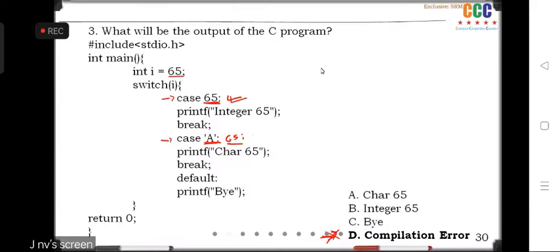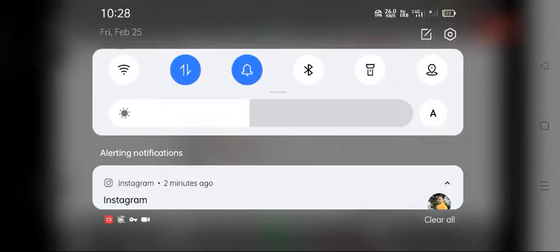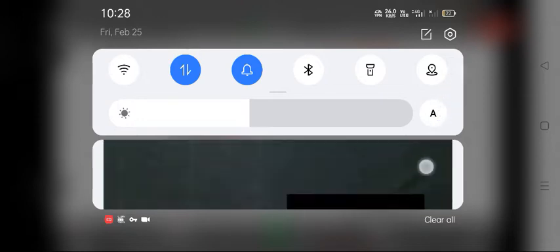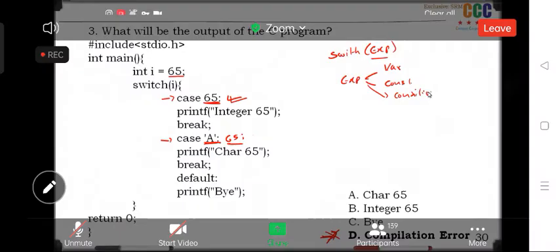No, case constants. Okay, in that case, let us go with switch. A switch expression, I can say this as expression. Whenever I say expression, it can be a variable, or it can be a directly constant, or it can be a condition. All these three are allowed.